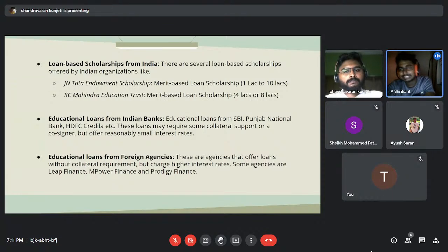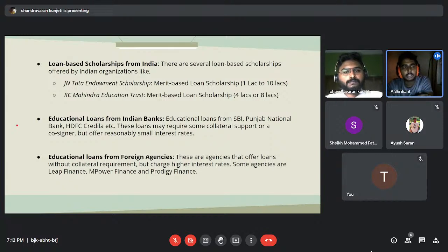Now, you might consider this amount less, but depending on your country of education, this might be a significant amount. If you're going to Europe, then 4 lakhs or 8 lakhs is a significant amount, as it might be half or one fourth of your tuition fee. So it's very rewarding to have this scholarship.